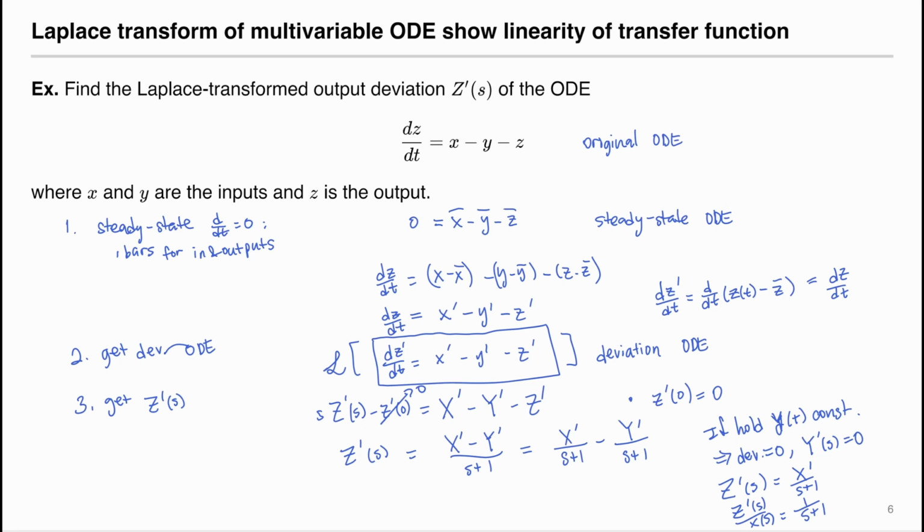And similarly, we can isolate the effect of y. By having transfer functions for multivariable ODEs, we can isolate the effect of each individual input and see how each individual input can impact the output. This will also come back as we discuss the addition property for transfer functions later.